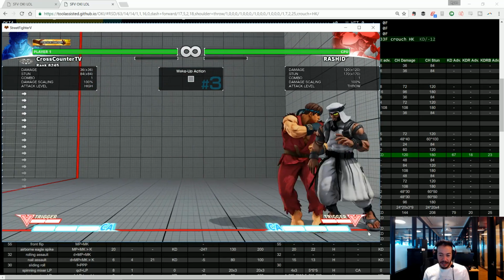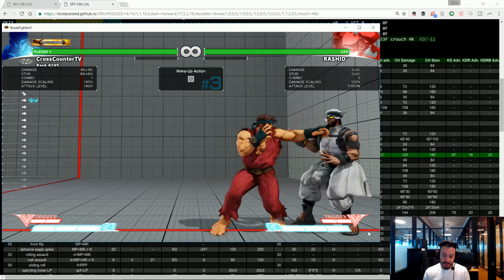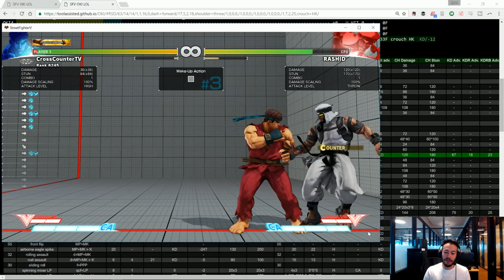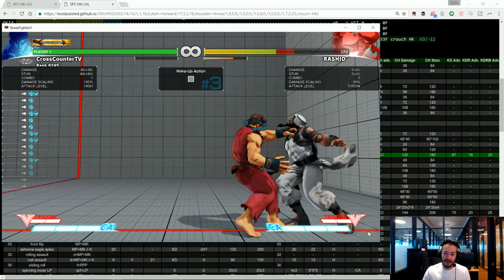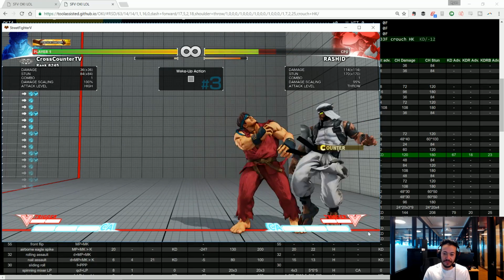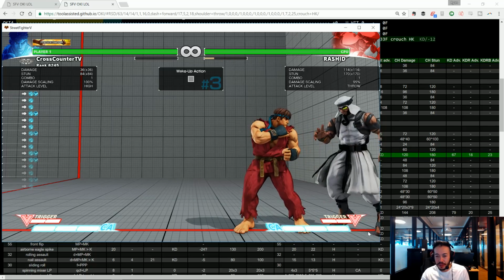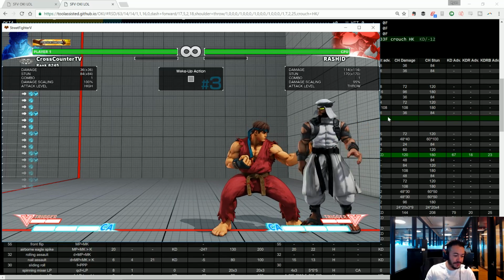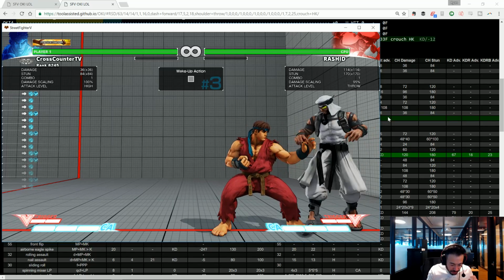And granted, if I was in the corner, then yeah, it's true, I can just throw you over and over and over. But that's because you're already in the corner and I don't have to dash forward. So it also kind of depends on the screen position. Gotcha. Okay. That's really cool. I never thought of it or seen it broken down like that. That's really neat. Awesome.